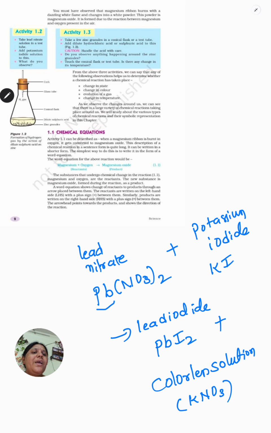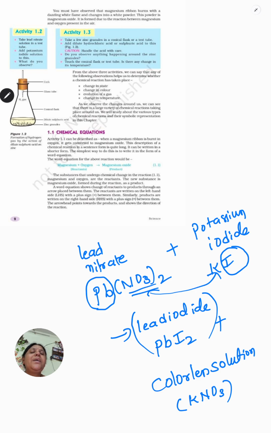Pb is lead, and iodine is represented with I. So lead and iodine combine to form lead iodide, which is a yellow precipitate formed in the beaker. And you can see a colorless solution on the top of that, which is nothing but potassium nitrate solution.